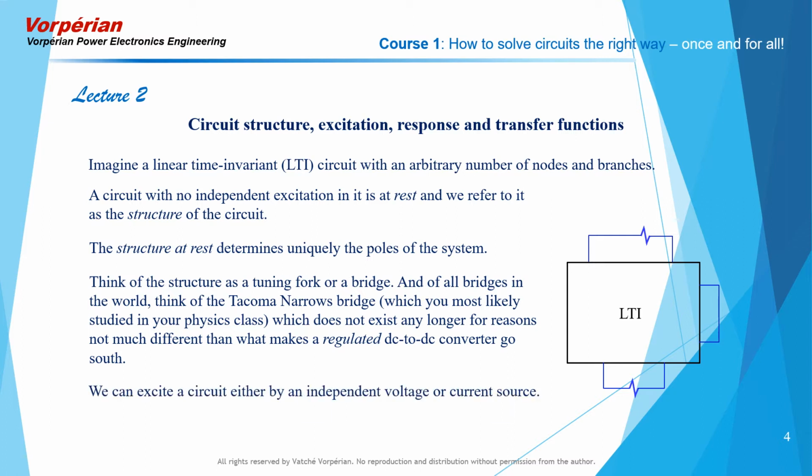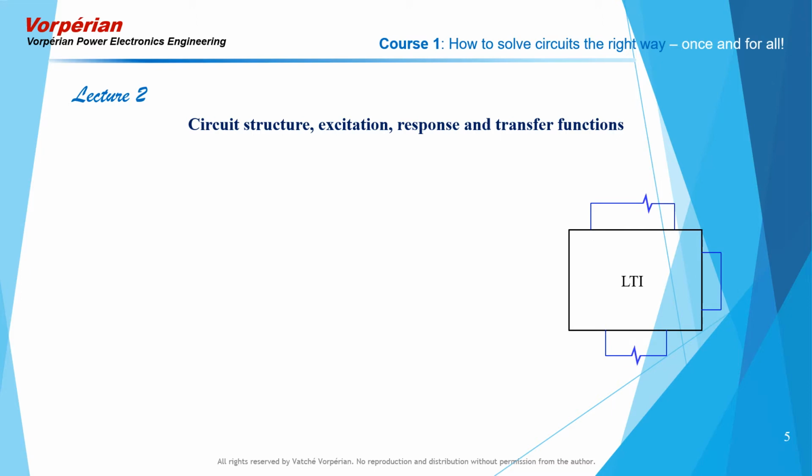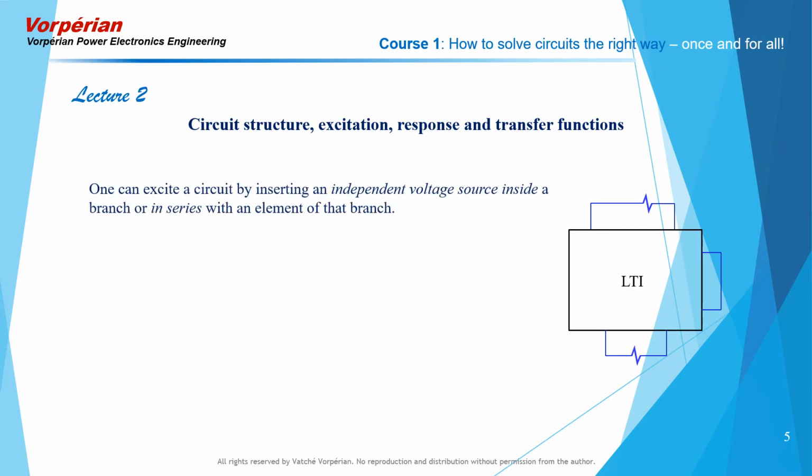Now let us look at how we can excite this circuit by an independent voltage source or a current source. One can excite a circuit by inserting an independent voltage source inside the branch or in series with an element of that branch. In this structure, we introduce a voltage source VT as shown in series with the resistor in the top branch.